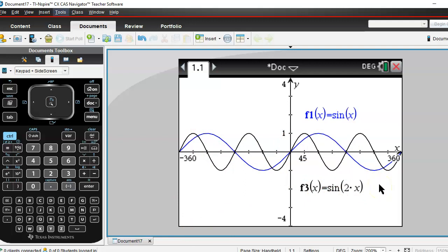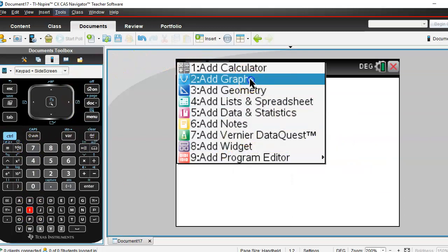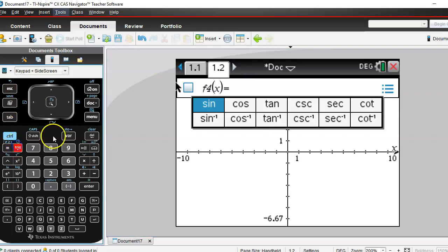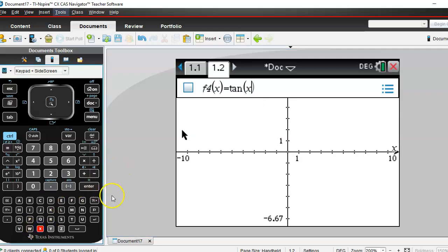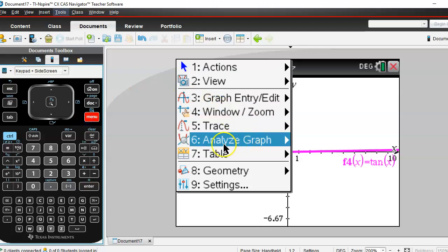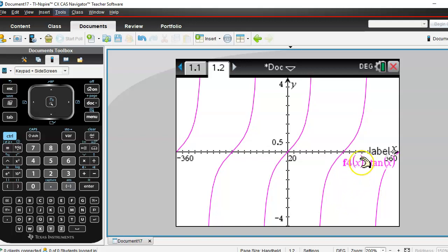Now let's have a look at our tan function. Okay, I'm going to make a new page, so Control I, and again I'm making it a graph page. So put our original in, tan x, menu, zoom, trig, yep.